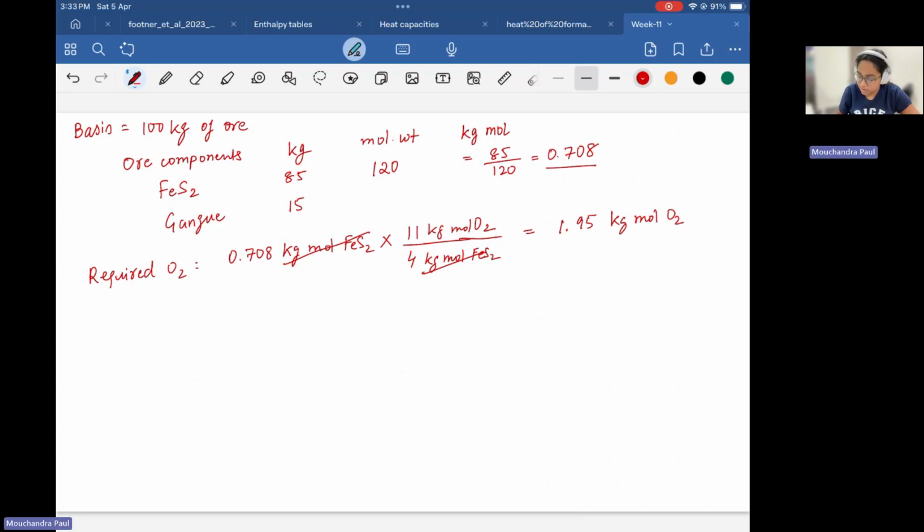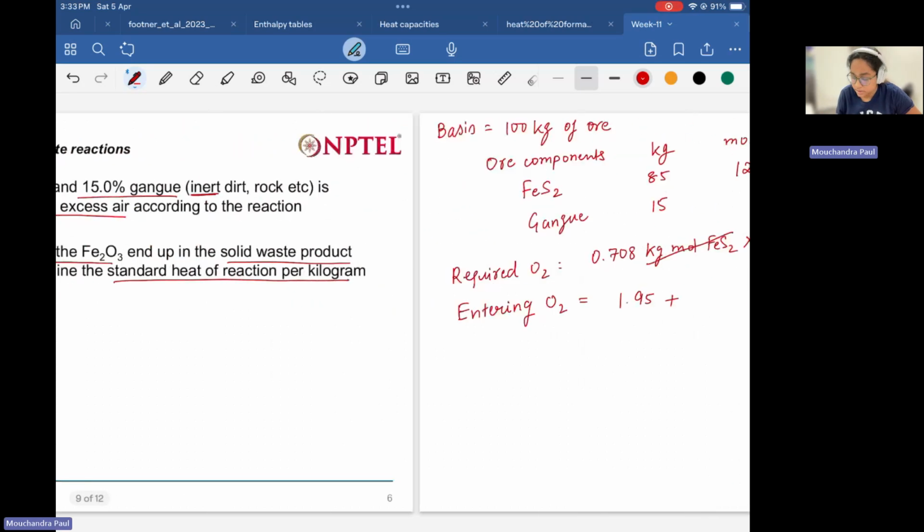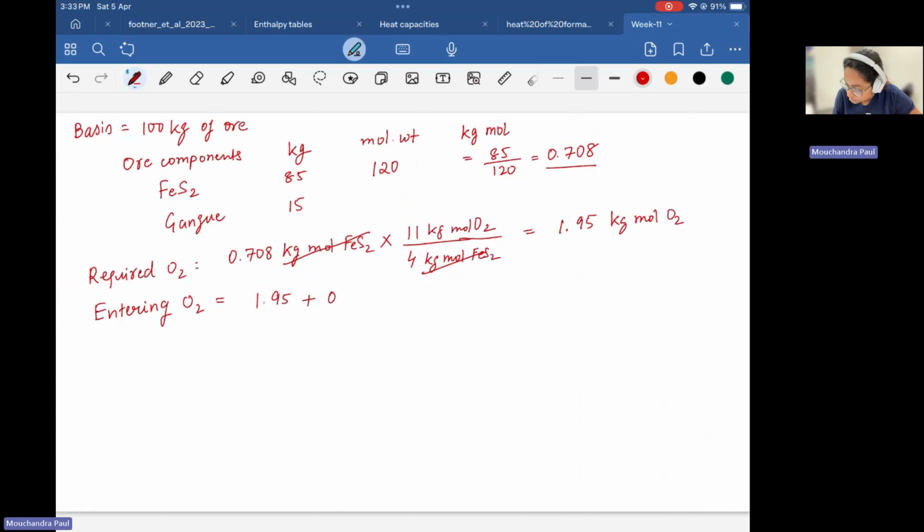But how much oxygen is entering now? This is required, and 200% is excess. So 200% means 2 into 1.95.